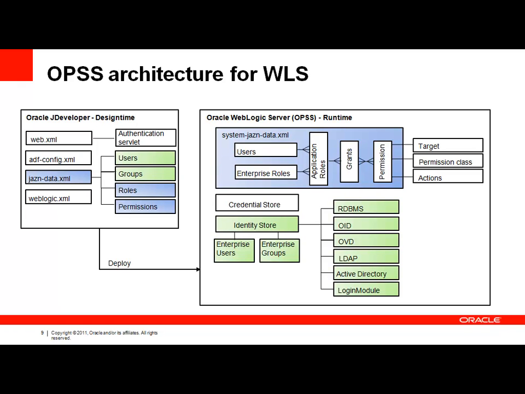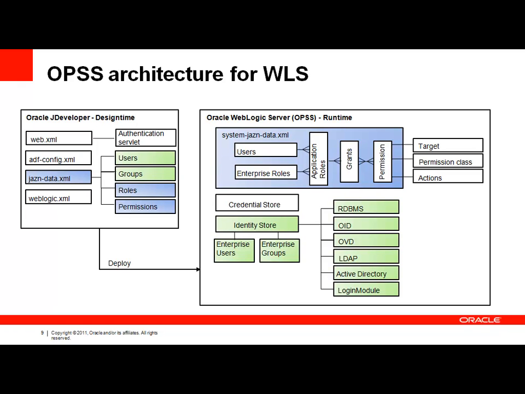At runtime in WebLogic server, in this case, when you go with the default configuration of Oracle Fusion Middleware, the default policy store is represented by a file called system-jazn-data.xml. And from the XML metadata, it's exactly the same as a jazn-data.xml file, except that the system-jazn-data.xml file doesn't contain user groups and users.